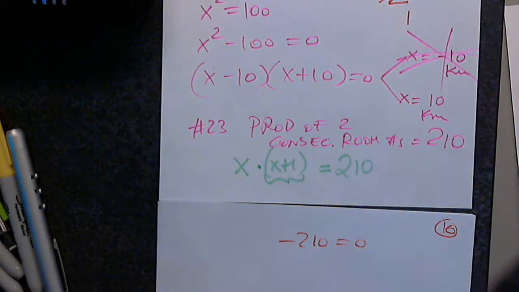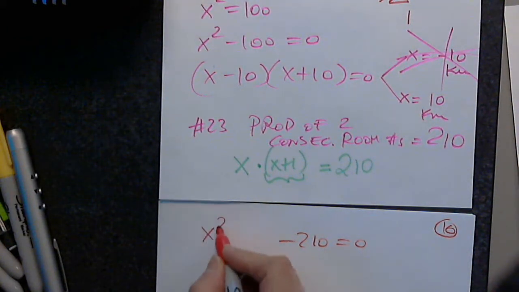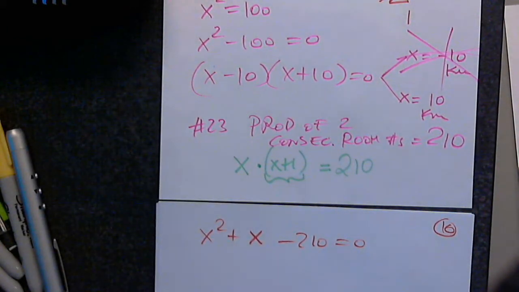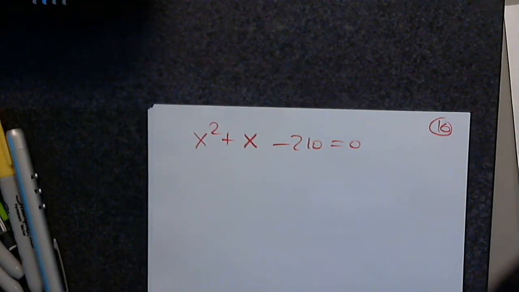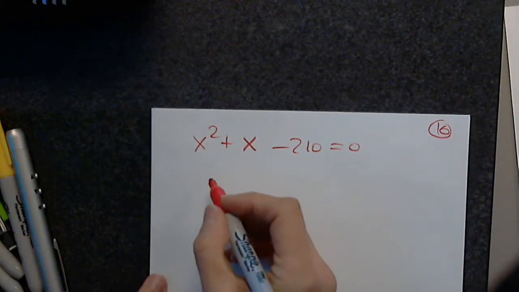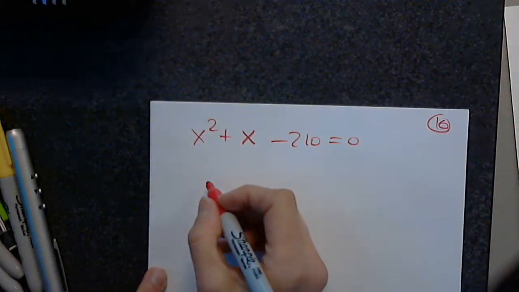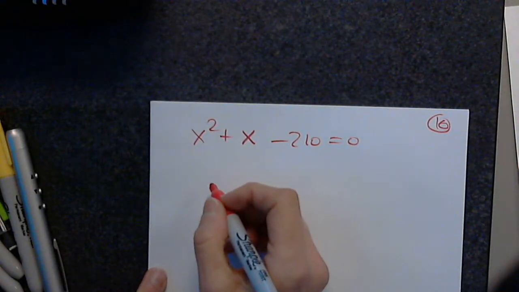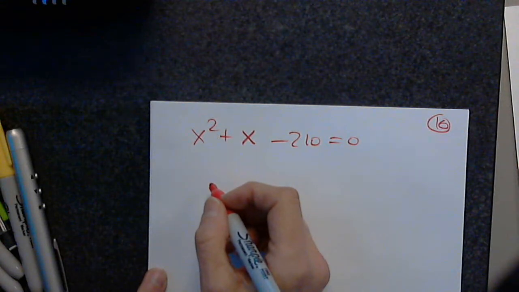That's mandatory. And now what am I trying to do to the left-hand side? How is the process called? We've been dealing with it in the entire chapter 6. Very good, factoring.